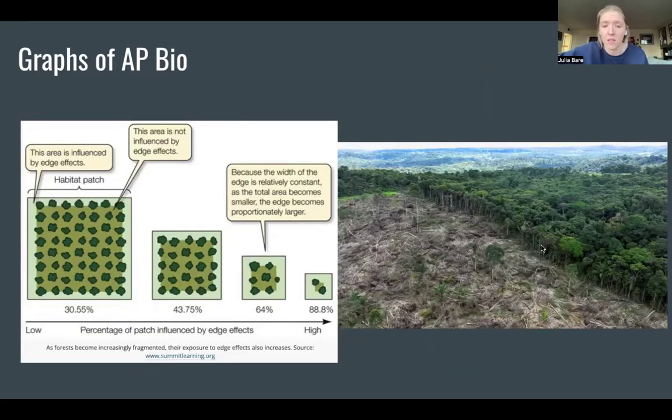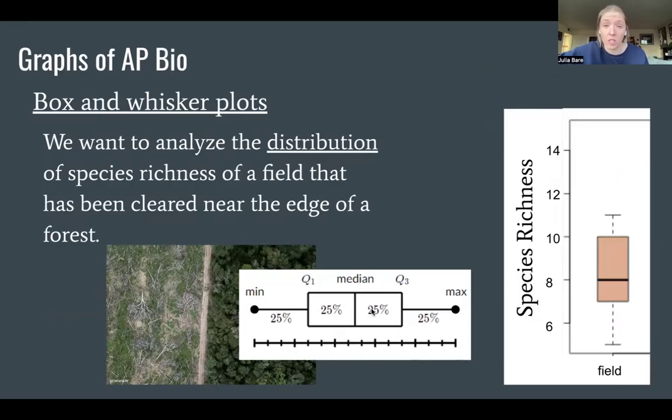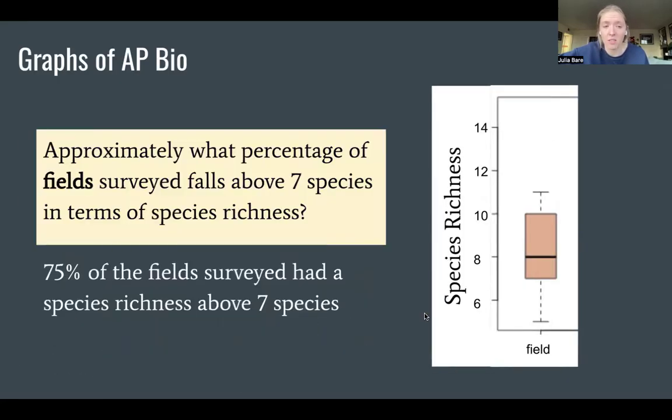That's what this is explaining here. 25% of the data falls in the lower quartile, 25% falls in the next quartile, and then 25% falls within the upper quartile to the upper extreme. If you add those together, 25 plus 25 plus 25, you get 75% of the fields surveyed had a species richness above 7 species.